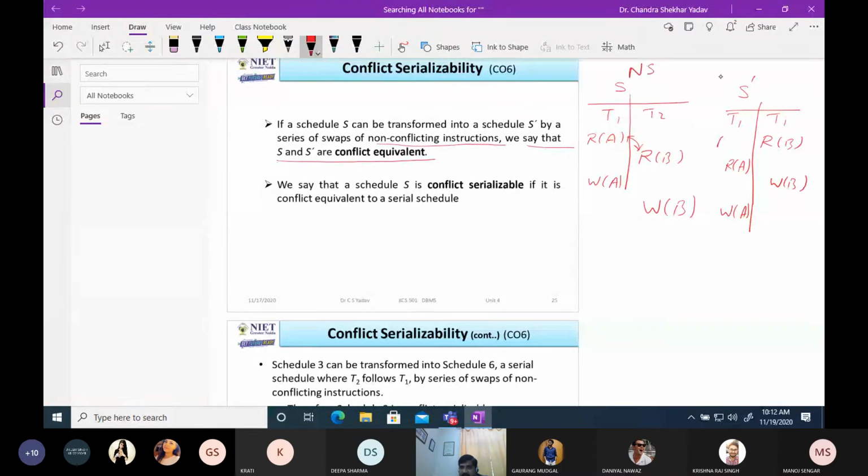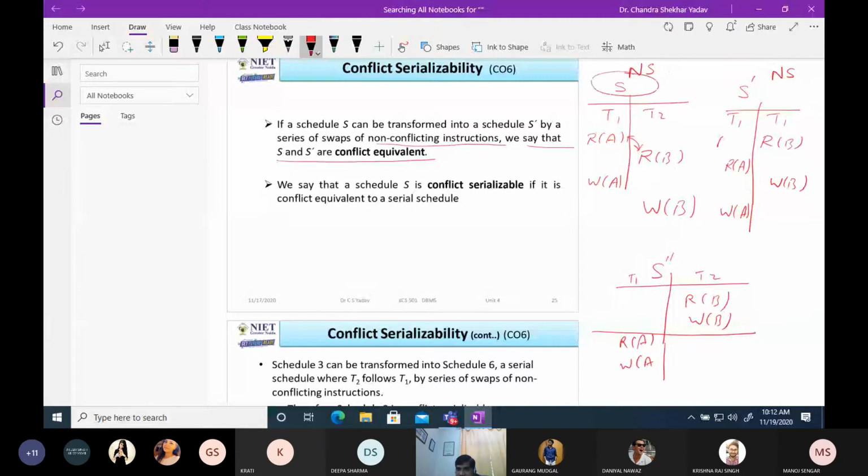S is a non-serial schedule and S dash is also a non-serial schedule, so both are called conflict equivalent. But after swapping the non-conflicting instructions, if we get a serial schedule, now after swapping we can find a serial schedule, then this is called serializable.